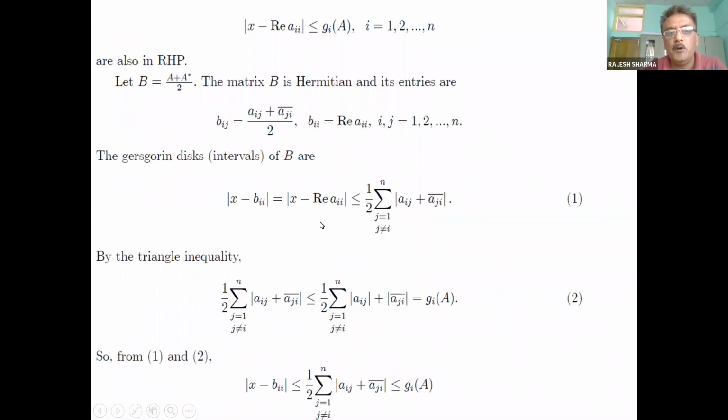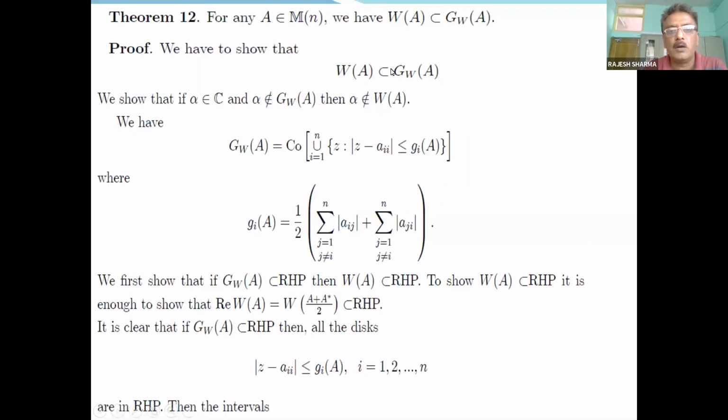First, to show that W(A) is contained in GW(A), we show that if alpha is a complex number, and suppose alpha does not belong to GW(A), then alpha also does not belong to W(A). And this will give W(A) is a subset of GW(A).